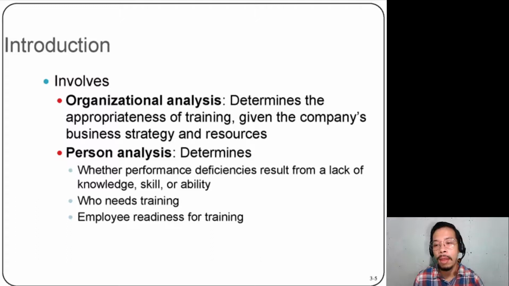So everything that we've been discussing for the past weeks is interconnected. In the last lecture series, we talked about an introduction to training and development, and how business strategies would influence training and development.